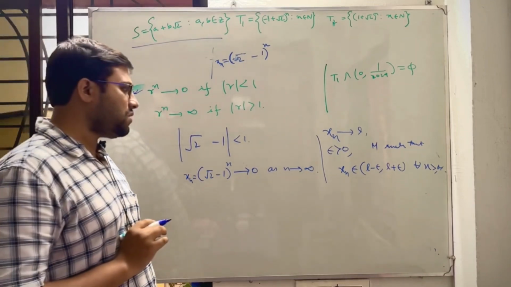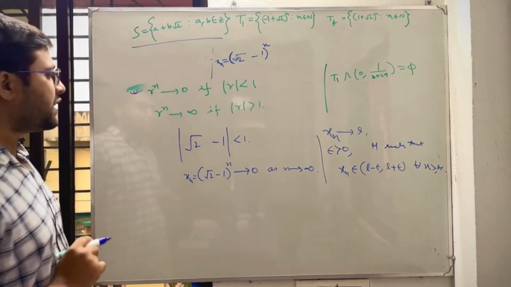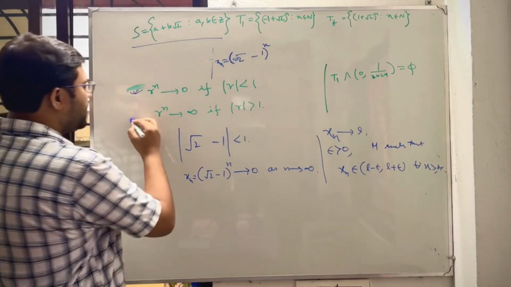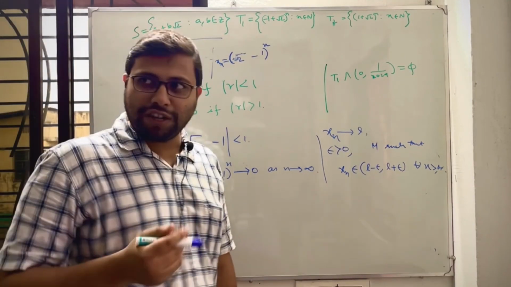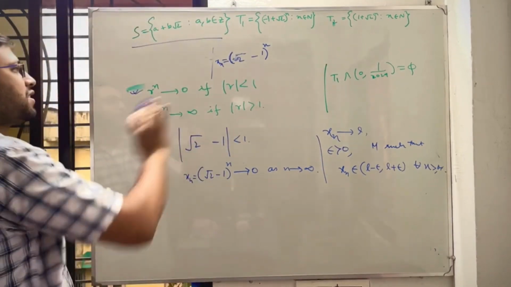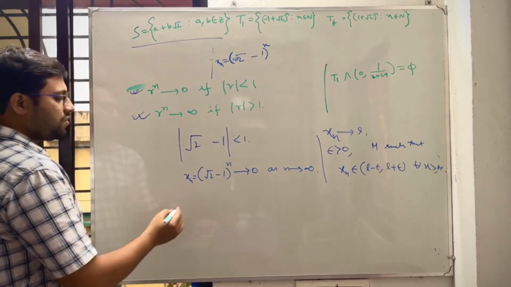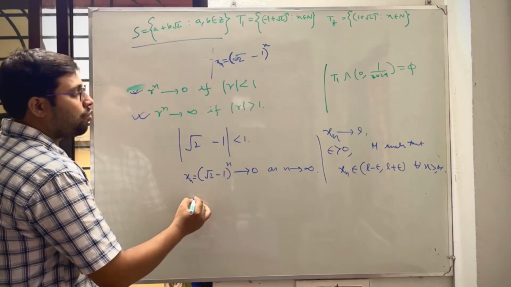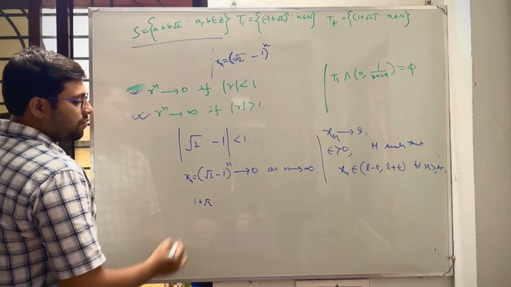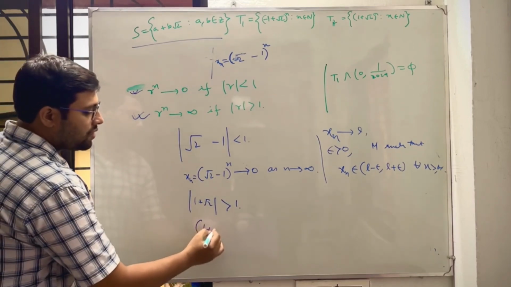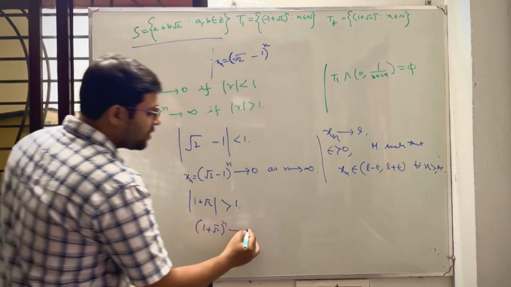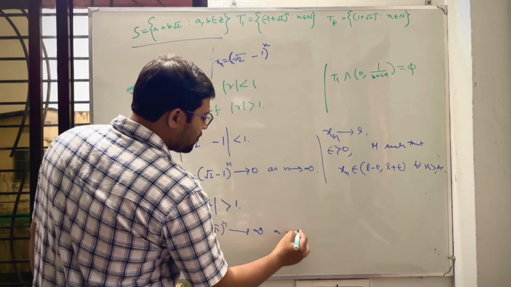Now for option C, we already said that r to the power n, this sequence, diverges when modulus of r is greater than 1. Now 1 plus root 2, its modulus is always greater than 1. So (1 plus root 2) to the power n always diverges to infinity as n goes to infinity.